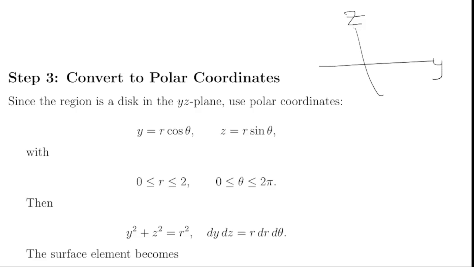This is what we're going to use. We said this was a circle with radius 2, so r goes between 0 and 2, and theta goes from 0 to 2 pi. Now y squared plus z squared, think of this as x squared plus y squared, is equal to r squared. And the Jacobian tells us that dy dz is r dr d theta.